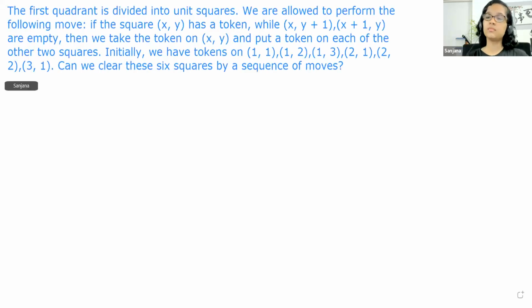So I'll give you one more problem. This one's solution is kind of long, so I won't give the whole solution. I'll just tell you the main steps.